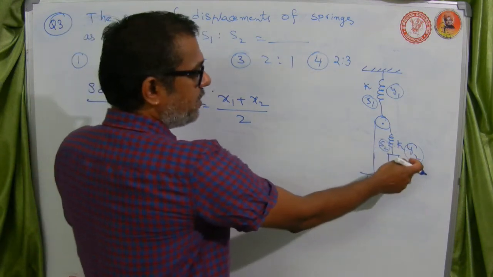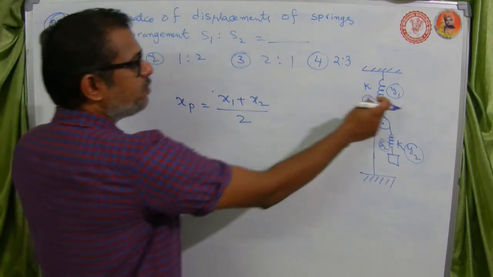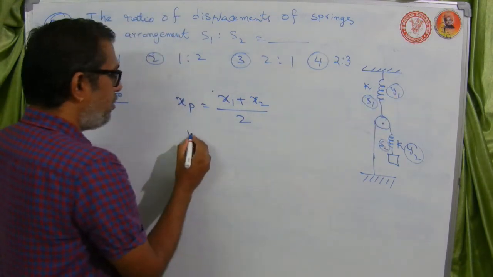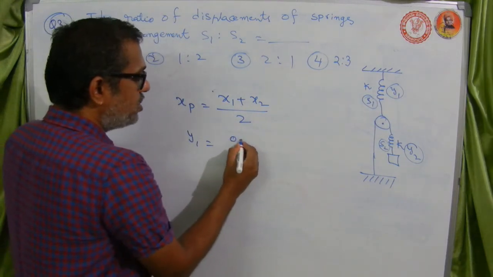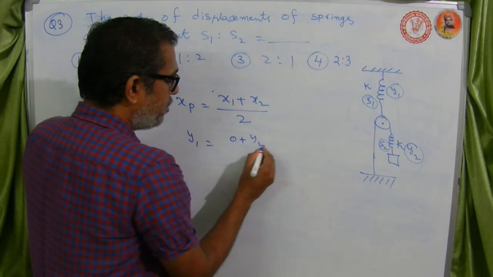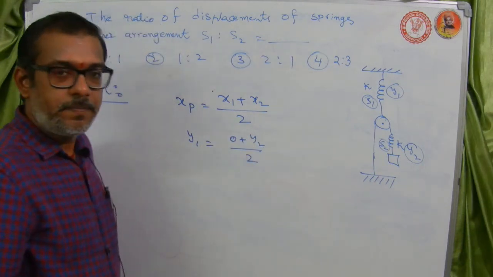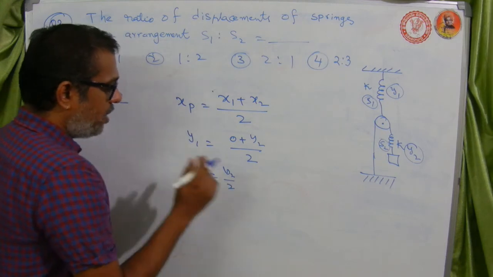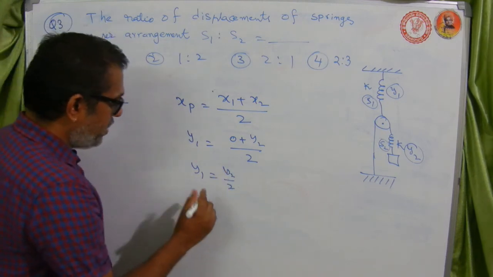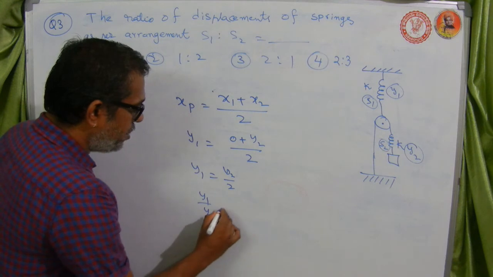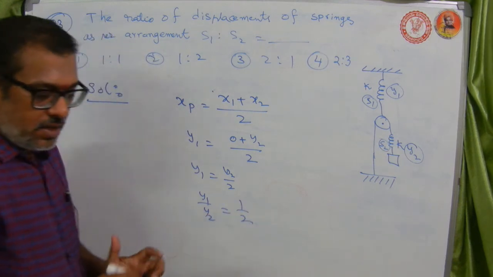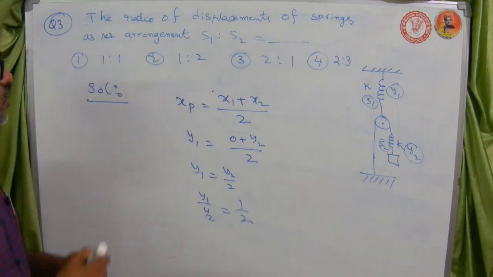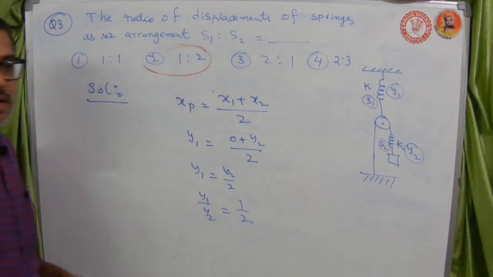The other displacement is y2, and the pulley displacement is y1, already given in the problem. Therefore y1 is equal to (0 plus y2) by 2. So y1 is equal to y2 by 2, and y1 by y2 is equal to 1 is to 2. Therefore in the given problem, the 1 is to 2 option, the second one, is the correct answer.